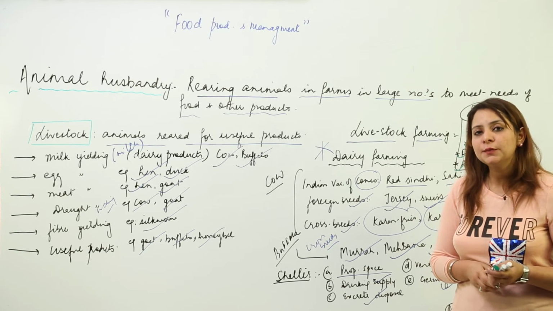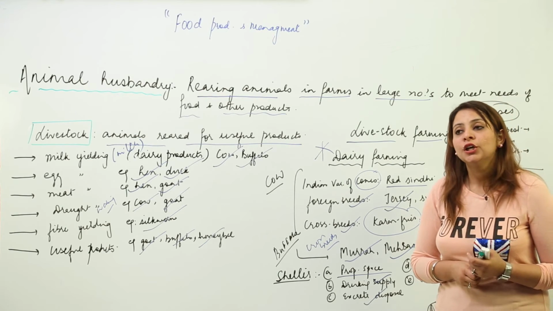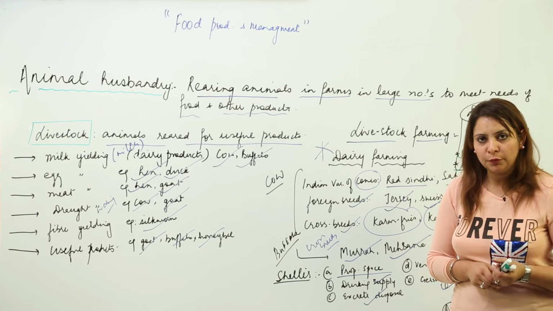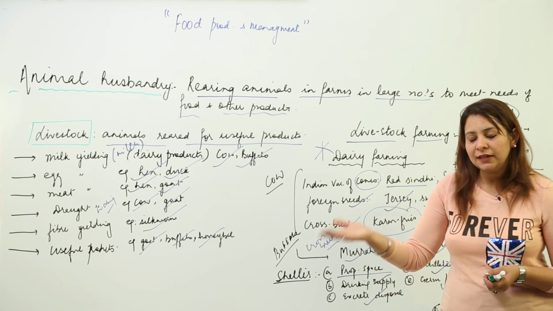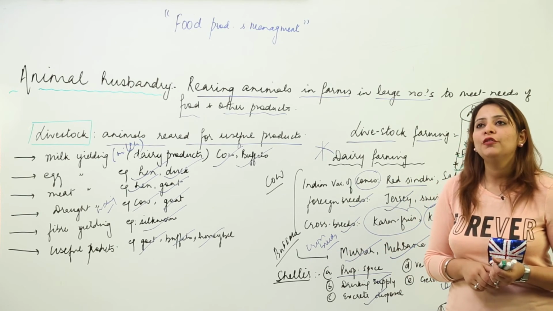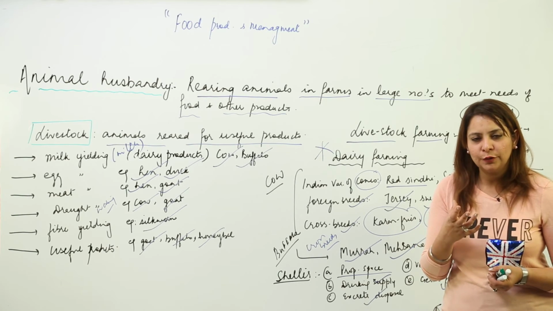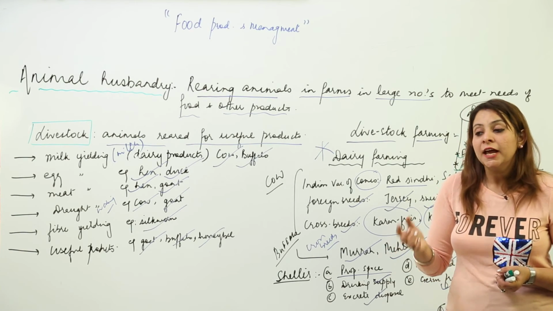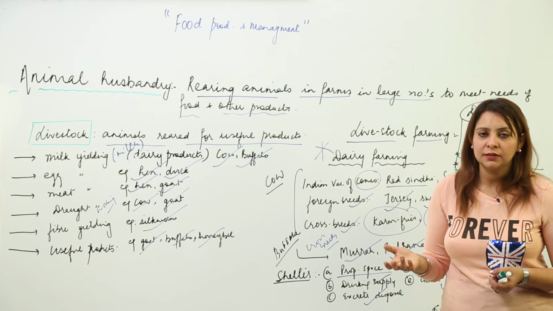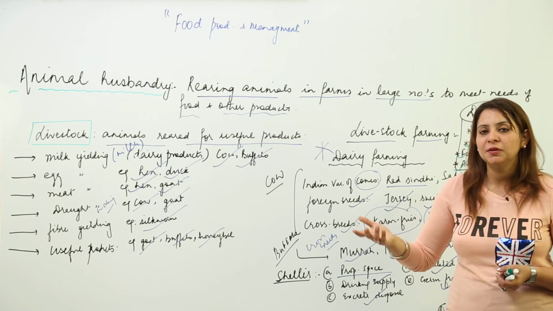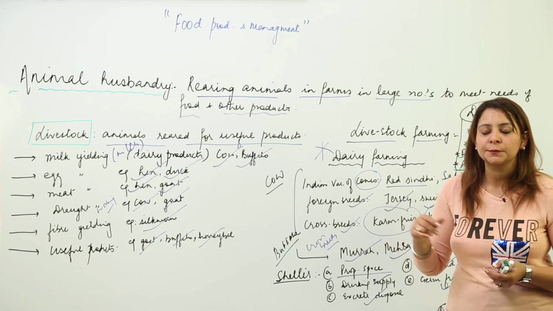So what kind of symptoms can you analyze in an animal? If the animal is not eating properly, that means loss of appetite, the animal is not feeling well. And if there is excess salivation from the mouth, or if the animal looks inactive, that is also a symptom of some disease, that the animal is not in a comfort phase.